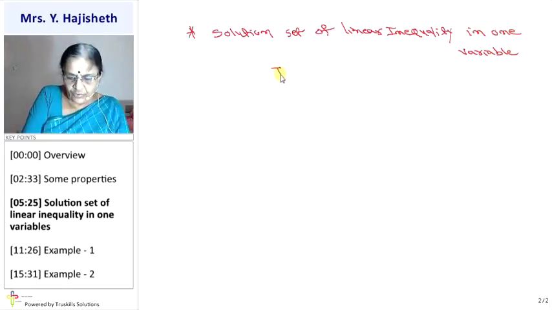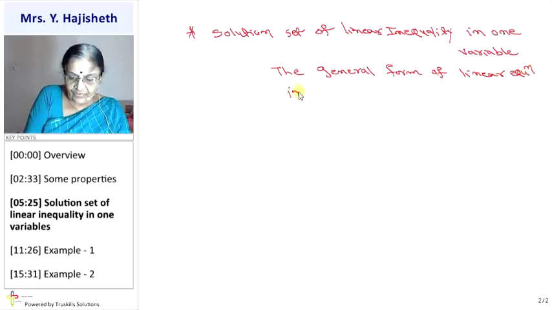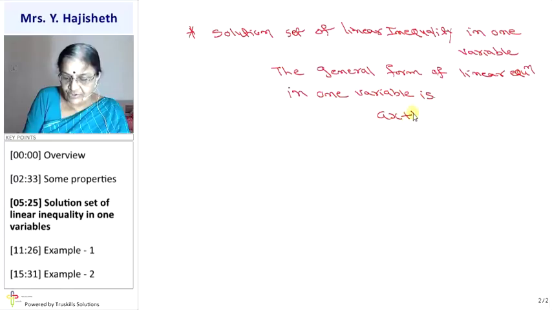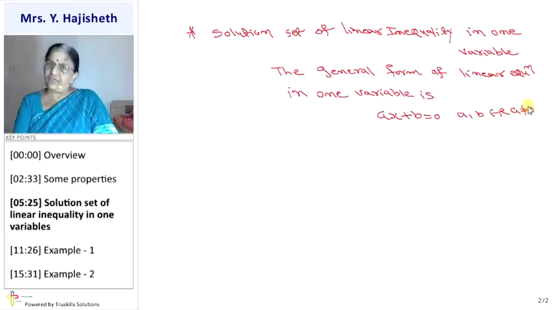What is the general form of linear equation in one variable? The general form of linear equation in one variable is ax plus b equals 0, where a, b belongs to R and a is not 0. This is the general form of linear equation in one variable.